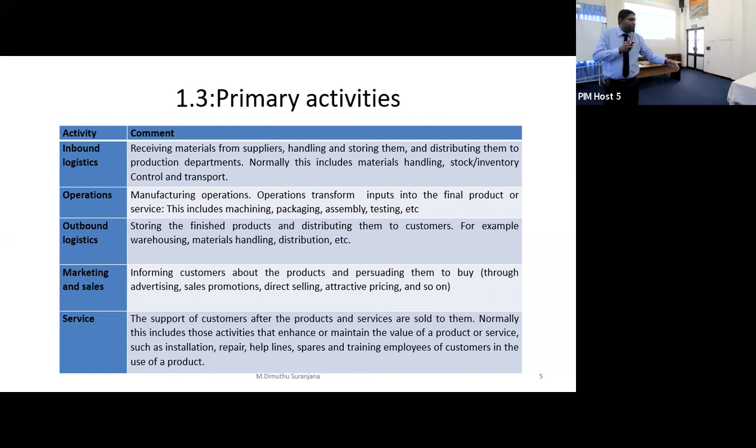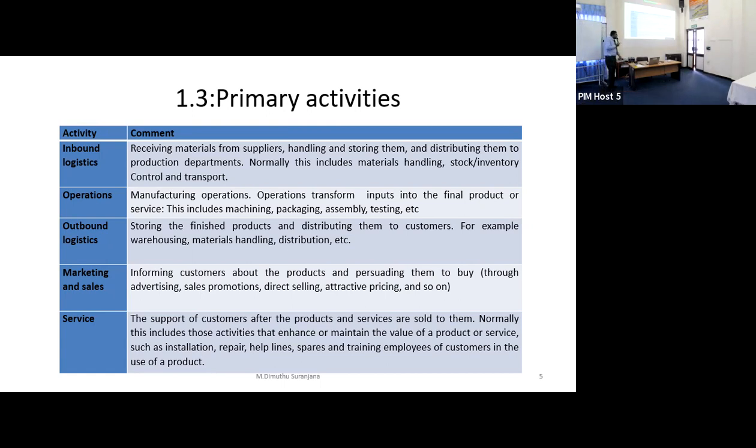There's a time period. So until the customer demands, we have to keep them within the organization. The finished goods should be stored until required by the customers. When the customer demands it, then we have to distribute it. So this is going out from the organization. That's why it is called outbound logistics.